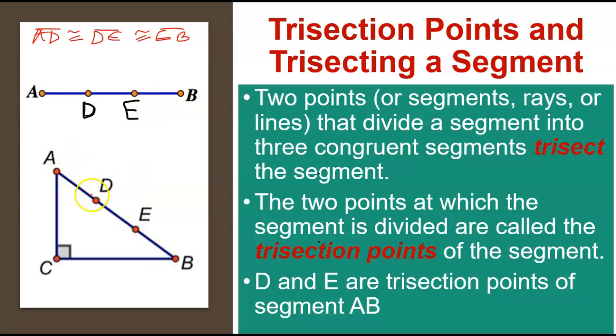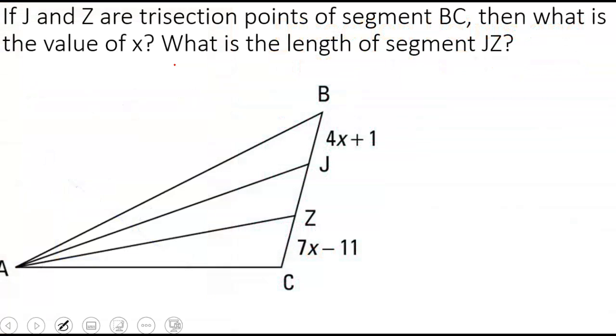Even if the segment AB is part of a rectangle, we do not want to assume that the angles were bisected or trisected. It's only the segment that is trisected. So AD is equal to DE is equal to EB.